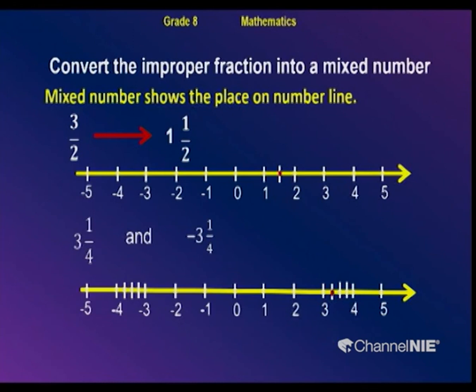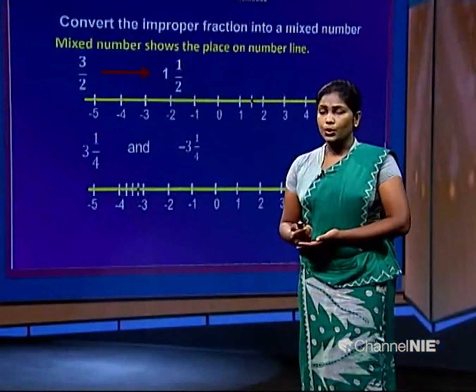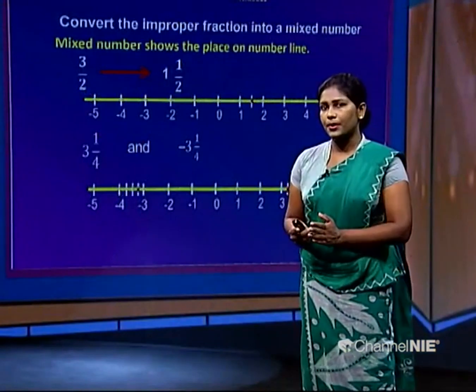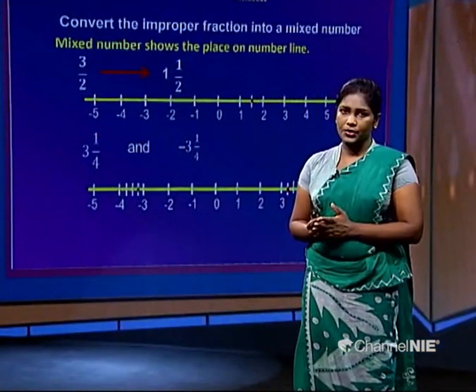Then you can mark this point like this. Then consider the negative fraction, minus 3 and 1 over 4. You can mark it like this on the left hand side of the number line. Now you know how to represent improper fractions on a number line.